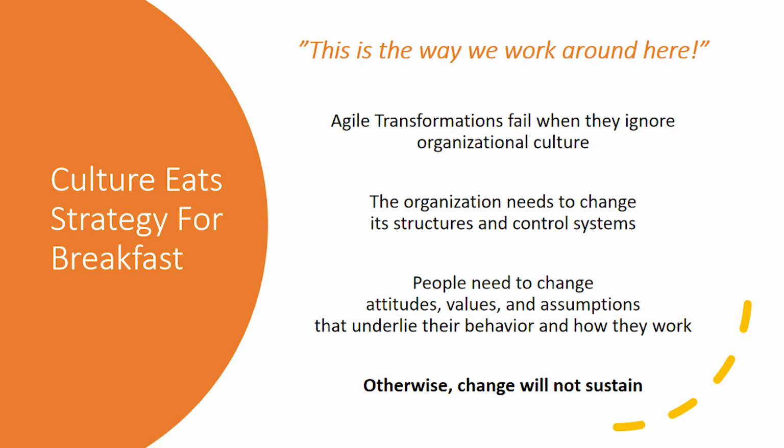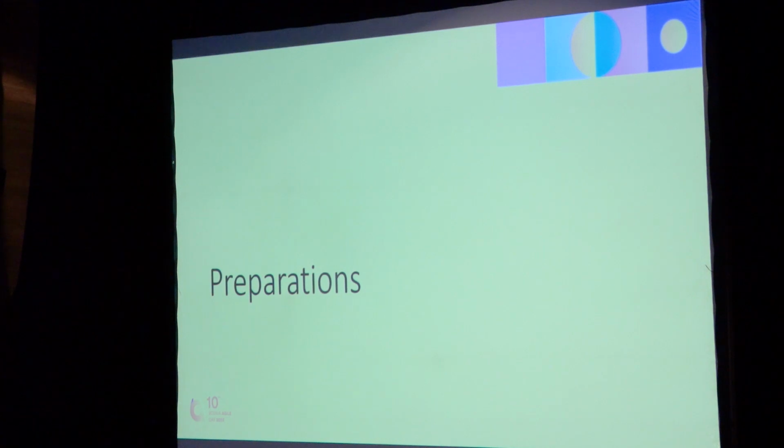So in the transformation, you have to deal with their values, their assumptions, their beliefs, the way they work, and if you don't do that, well, no chance for you to succeed. So this was just a description of a couple of the main challenges that we face during the transformation.